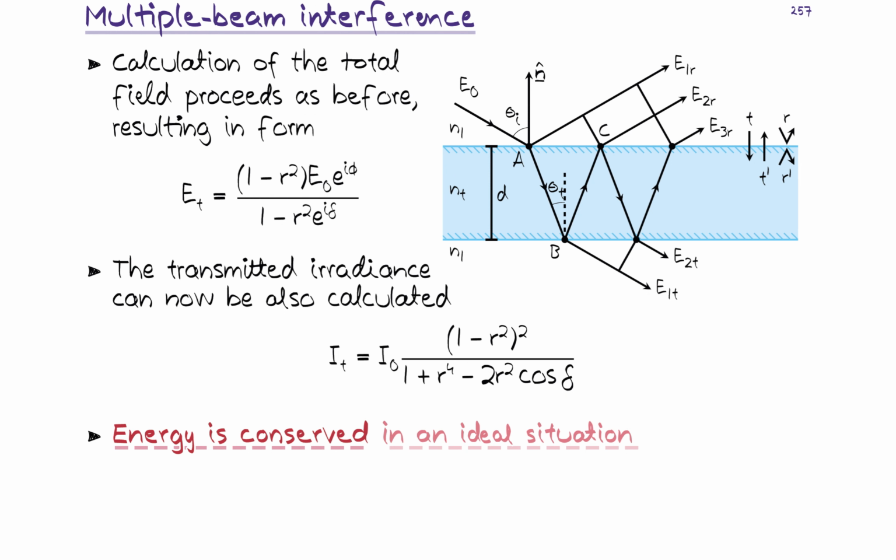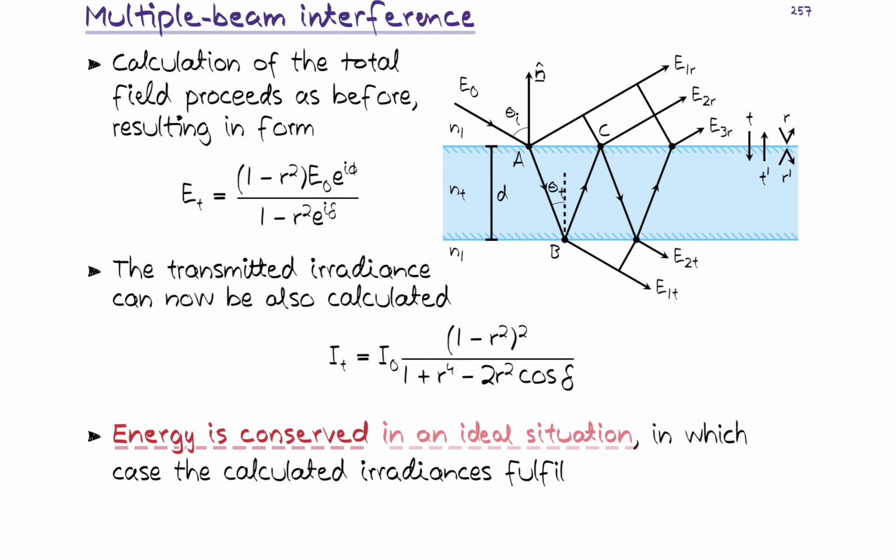Energy is being conserved in an ideal situation, when there are no losses, and this is what we are considering here. In this case, the calculated irradiances fulfill the scenario that the total irradiance coming into the thin film structure must be the total reflected irradiance plus the total transmitted irradiance.